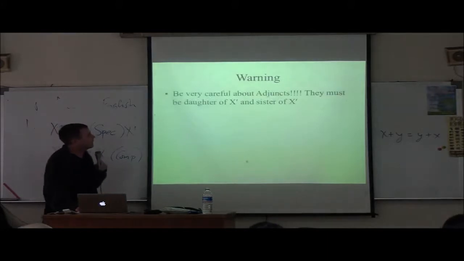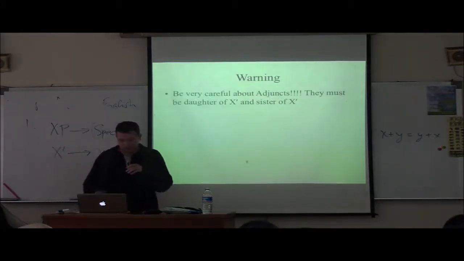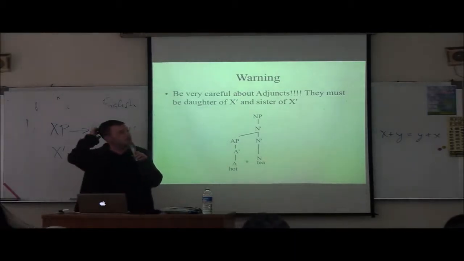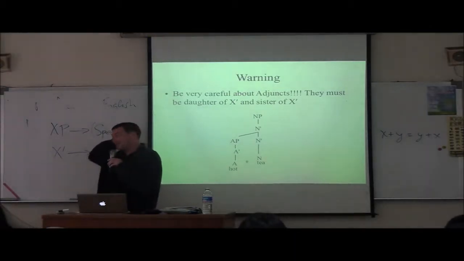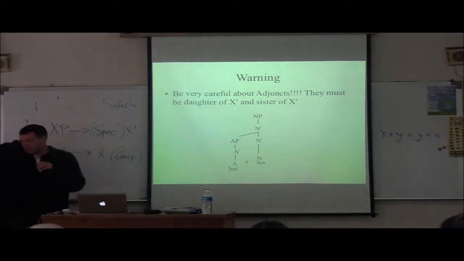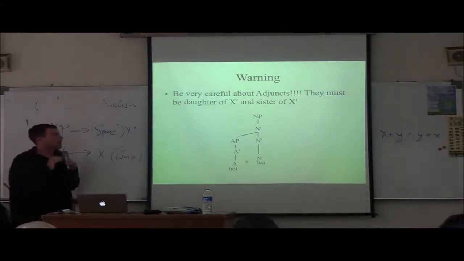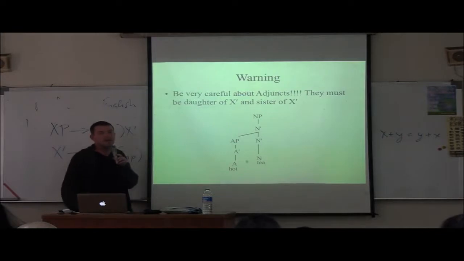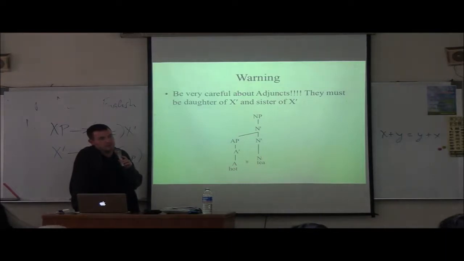Be careful about adjuncts. I already mentioned this before, right? So in a noun phrase like hot tea, notice how many N bars are in this NP. It has to be that way, right?